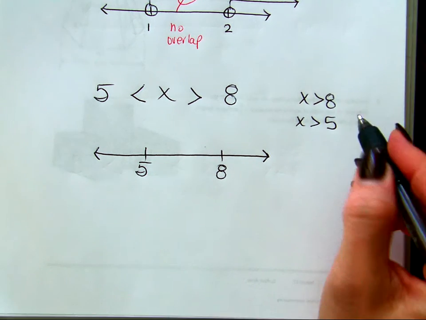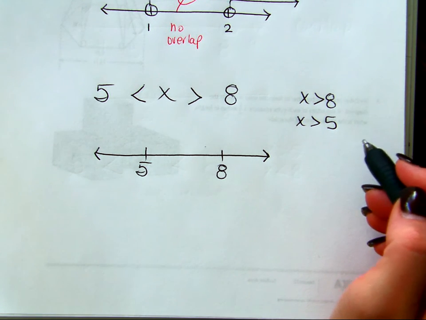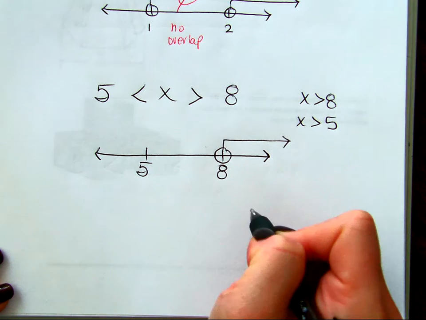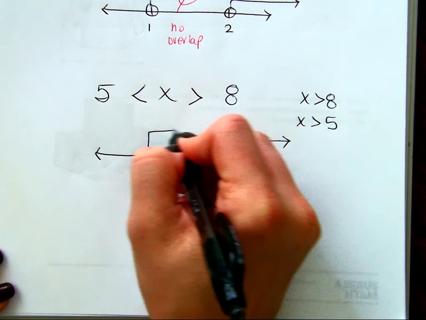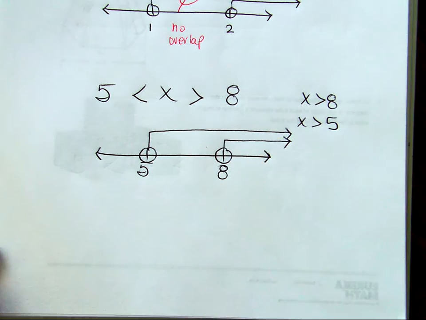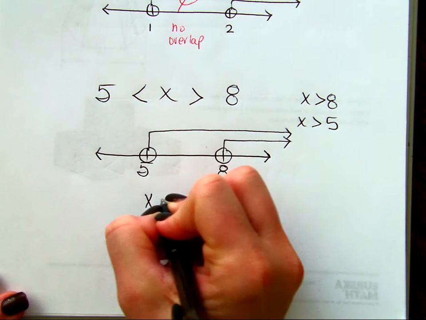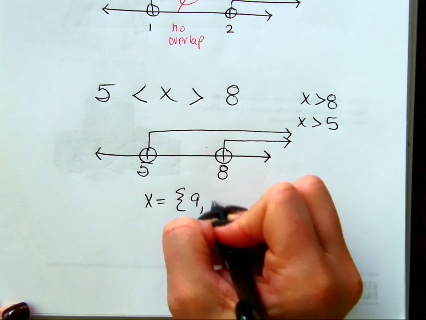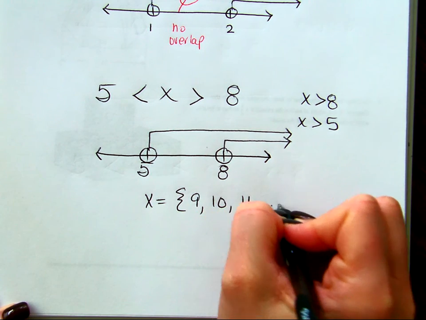It's an and, so here is all numbers greater than 8, and here is all numbers greater than 5. So where are the numbers greater than both? The first whole number wouldn't start until where? 9. You got it. Okay? So x would equal, and how would I start my set? 9, 10, 11, ... Okay?